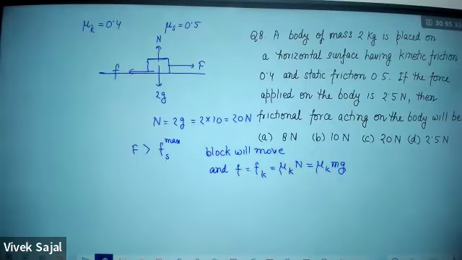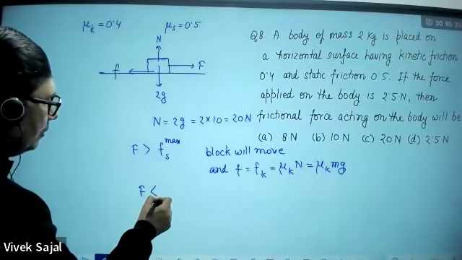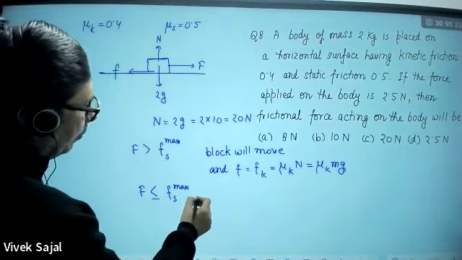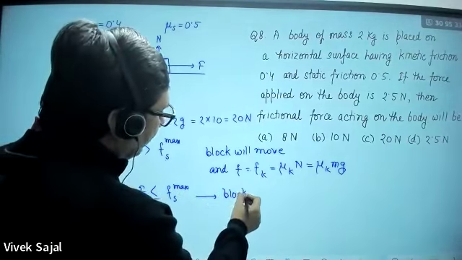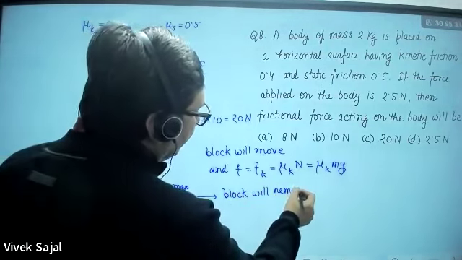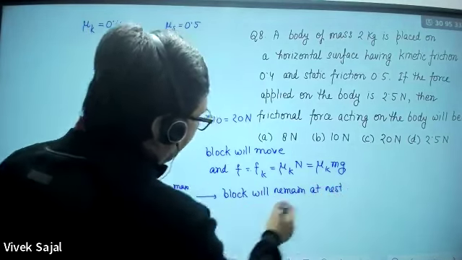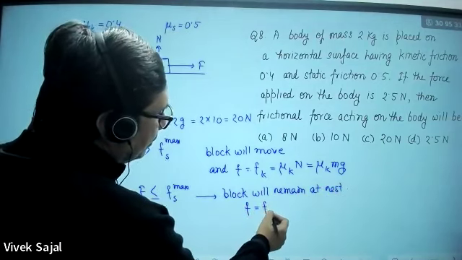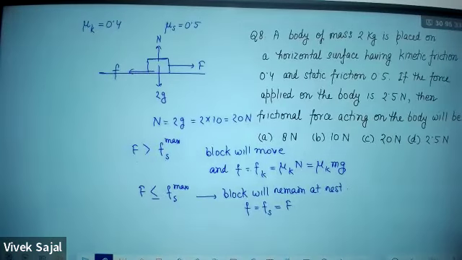However, if this applied force F is less than or equal to Fs max, the block will remain at rest, and this force will be static frictional force, and it will just balance the applied force. In that case, its value will be this.